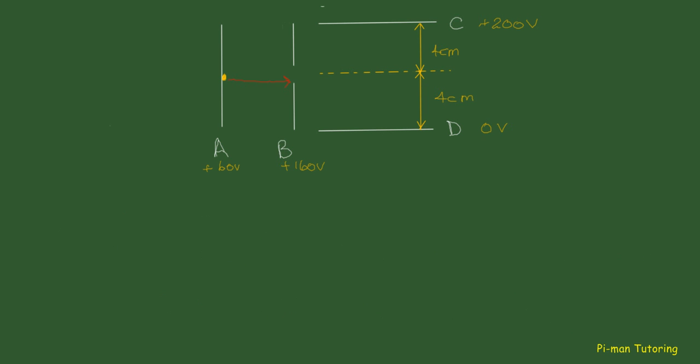So part D asks us to find the time it takes for the electron to strike plate C. So we know, just going back up to the diagram, that the electron is going to come through the gap in plate B. It's going to be coming under the influence of this electrostatic field, and then is going to strike the plate sometime after coming through that hole.